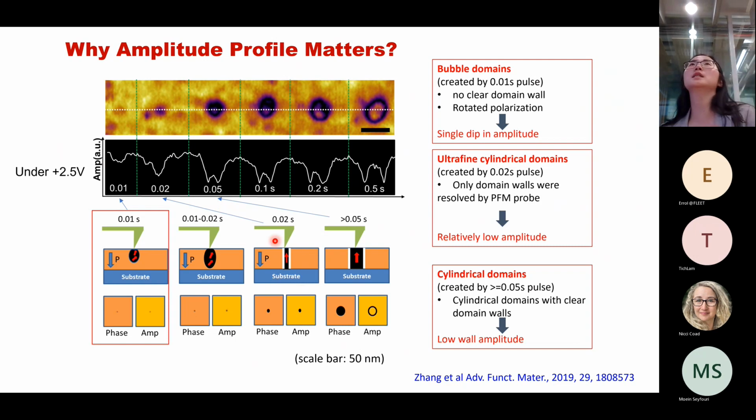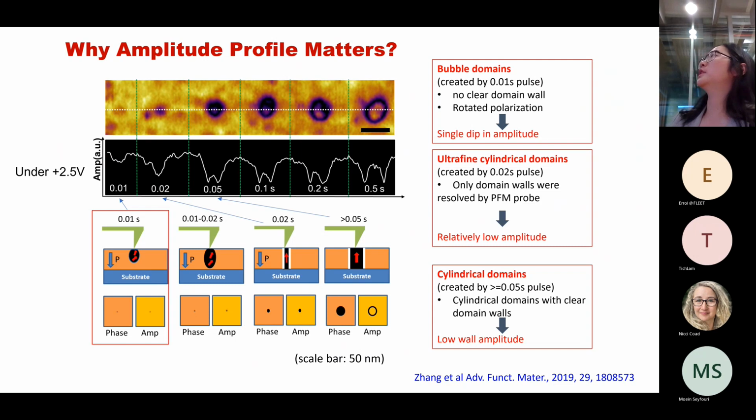So maybe what we see is a very, very small conventional cylindrical domain, but the tip can't distinguish the wall and the domain, so it shows a really low amplitude. And for the bubbles, because even at the center they still show this tilted polarization and there are no clear domain walls, it gives us a higher amplitude.